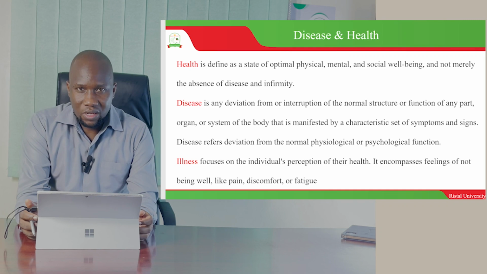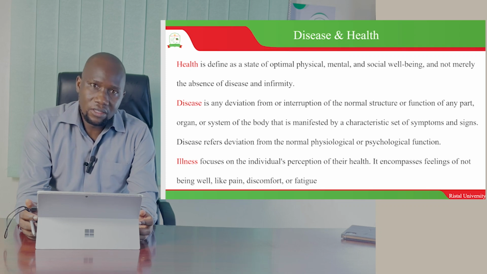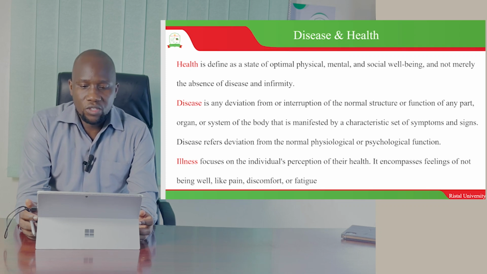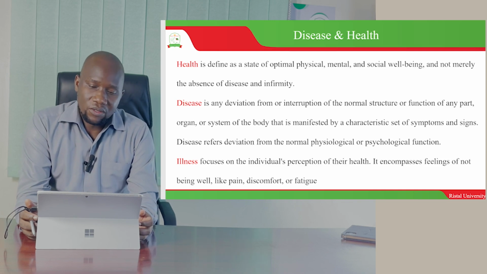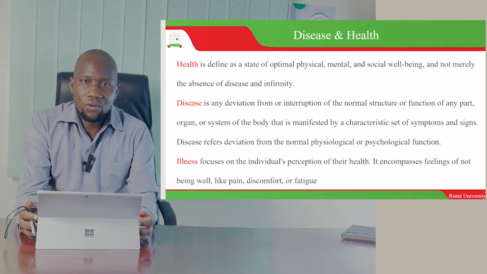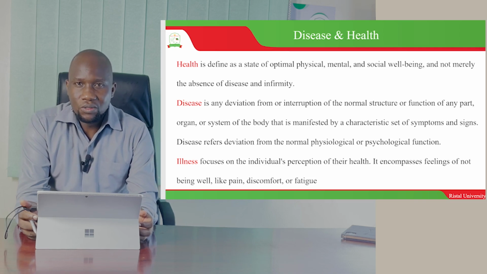We usually prefer to use the definition by WHO that says that health is defined as the optimal state of complete well-being in aspects to do with physical, mental, and social well-being or psychological well-being, and not merely the absence of the disease or infirmity. This is the accepted definition, or the widely used definition for health.